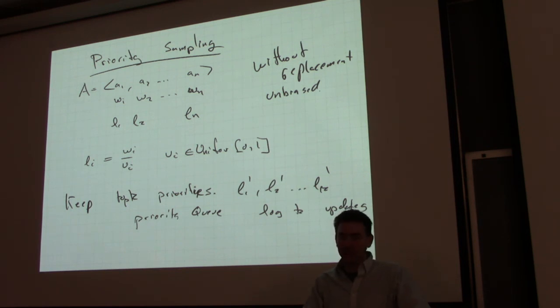There are some cool properties about this priority sampling. There's something called variance optimal sampling, which is a shade better than this, but in practice it doesn't make a difference. So if you want to maintain things in a stream with weights without replacement, so you don't keep things twice, this is a cool way of doing it.